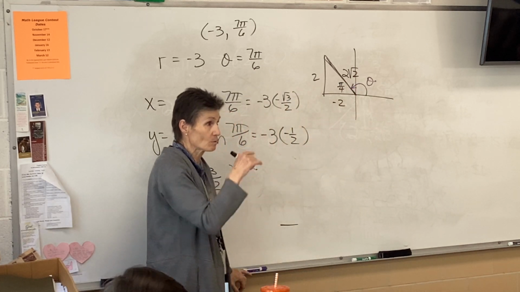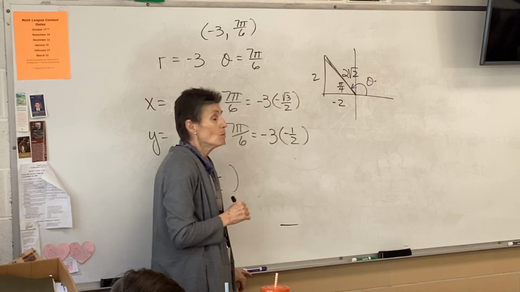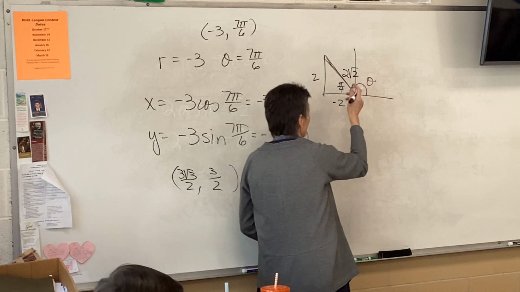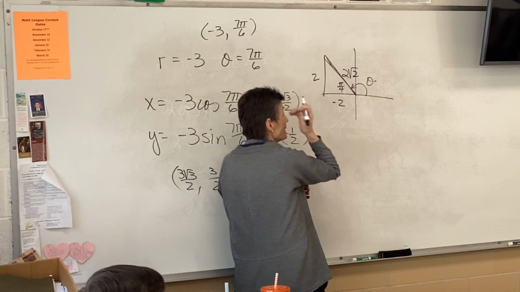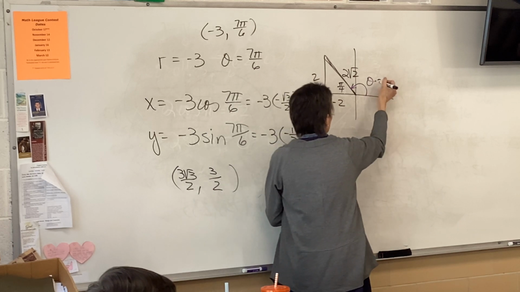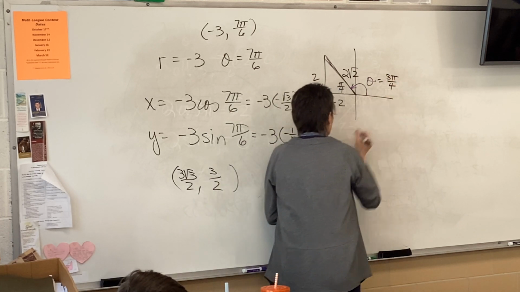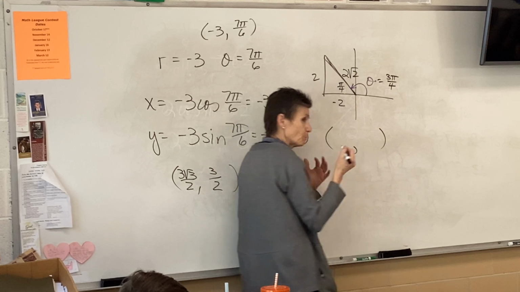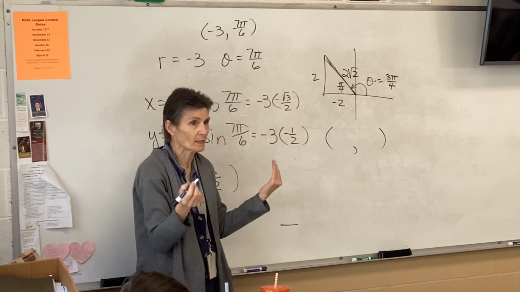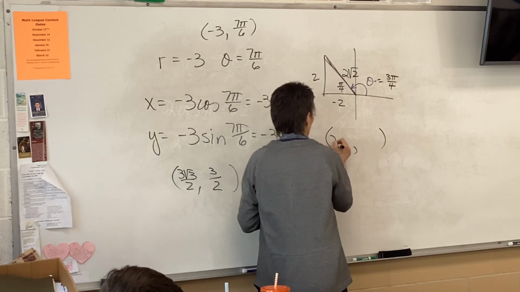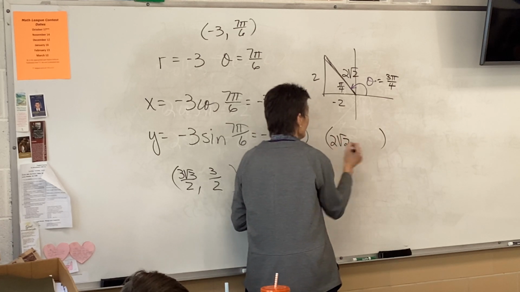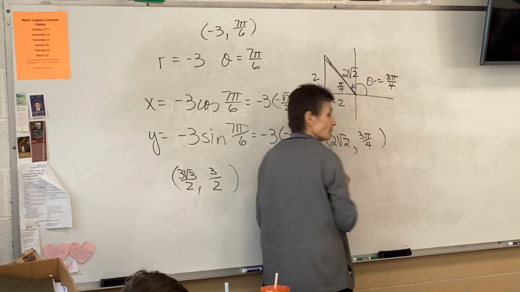Pi over 4, x and y match, pi over 4. Which makes theta what then? If this is pi over 4, theta is 3 pi over 4. So one possible ordered pair, remember polar pairs can be written lots of ways, but one possible way is (2 root 2, 3 pi over 4).